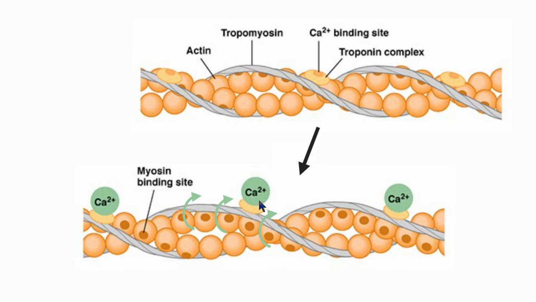So think of tropomyosin as the evil stepmother, or you know what? I'll change the story. Tropomyosin is the stepfather, and troponin is the mother, and calcium is something else that allows the mother to convince the stepfather to step away from blocking the love between actin and myosin.